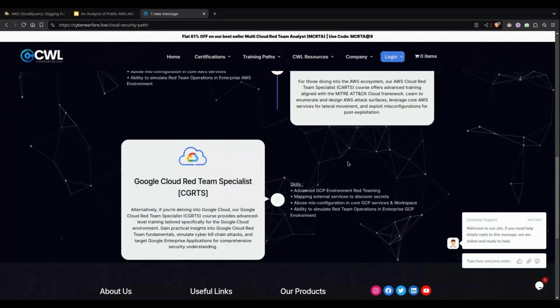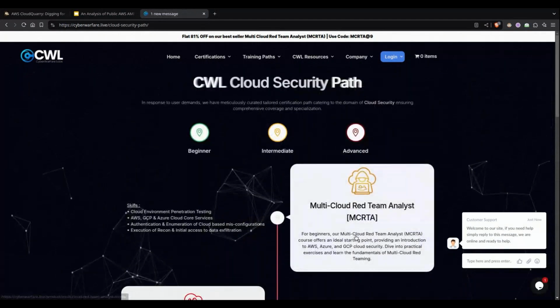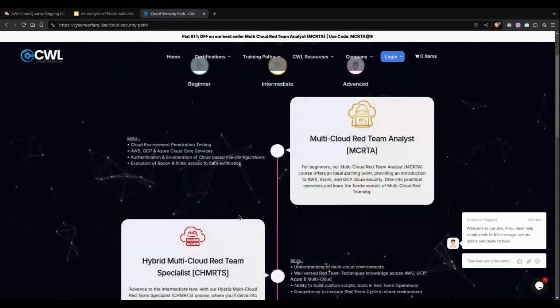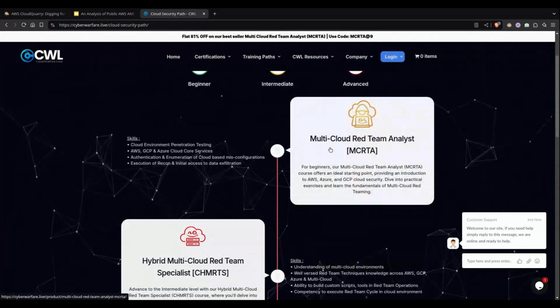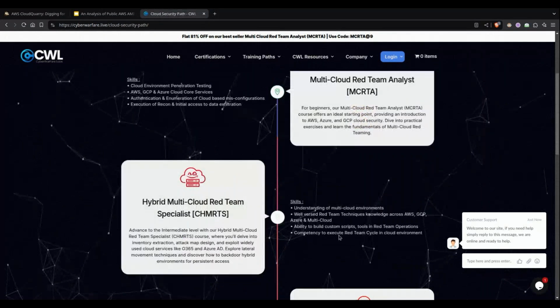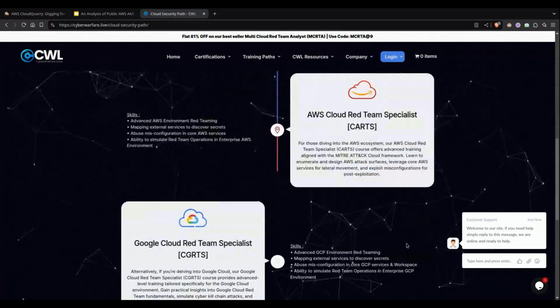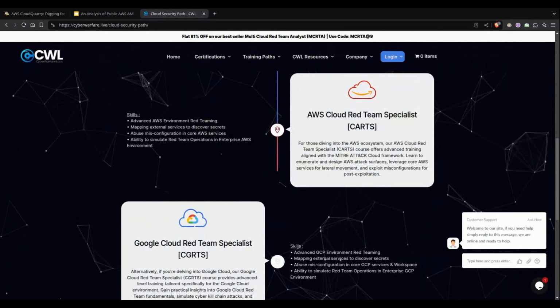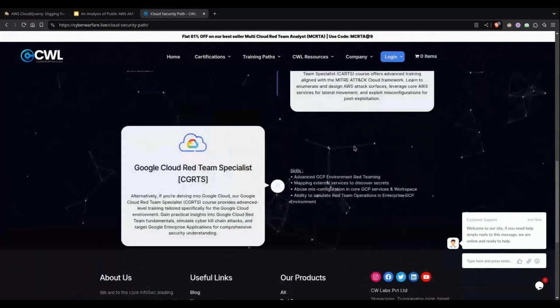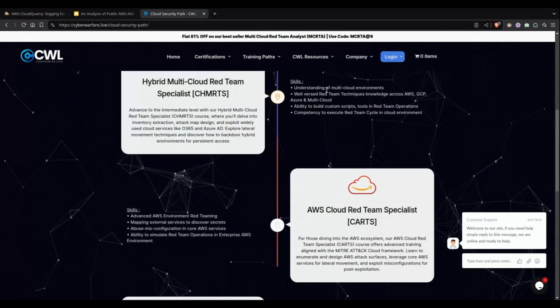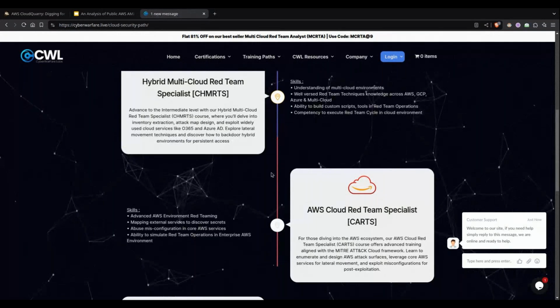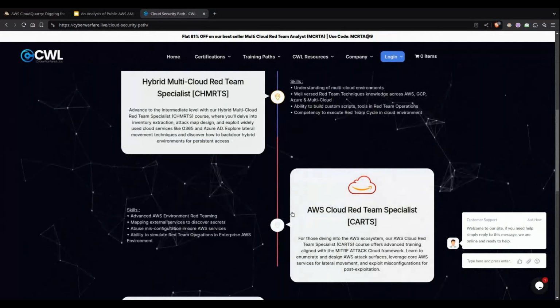You can use this roadmap to structure your learning accordingly, cover each one by one, and then you can have a pretty solid idea about cloud pen testing and cloud security. We have also mentioned the skills which you'll be learning with each course.